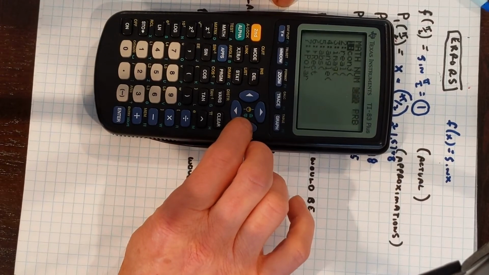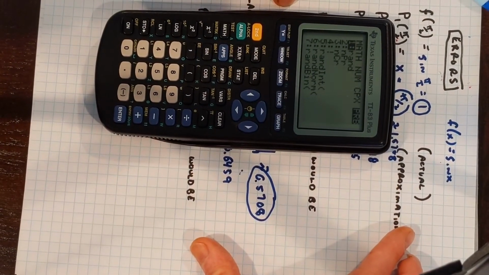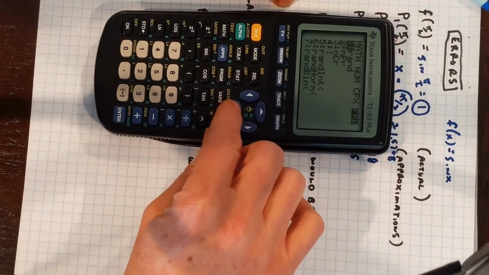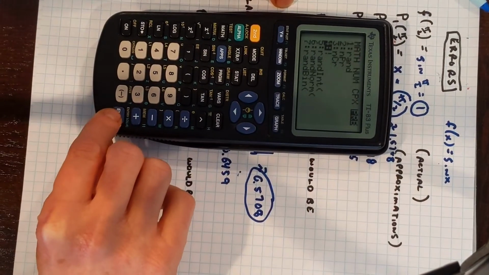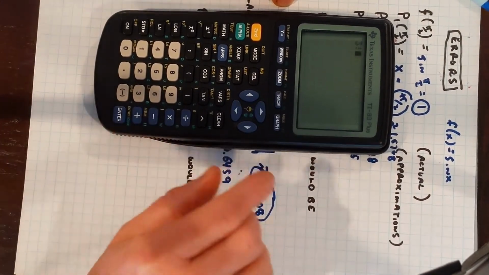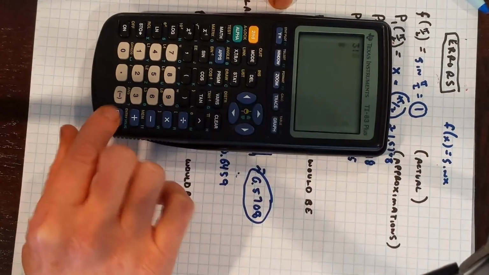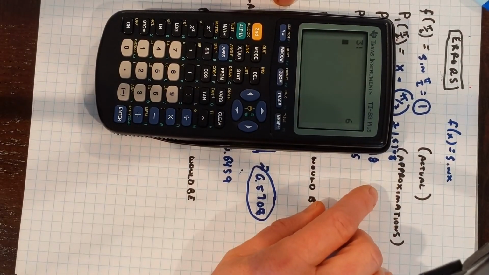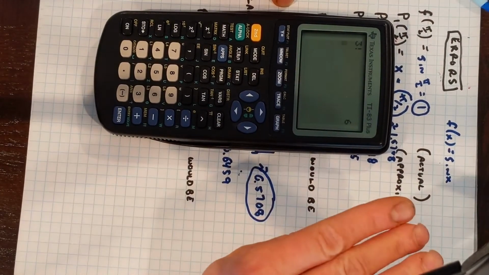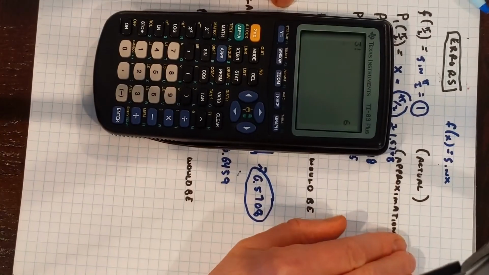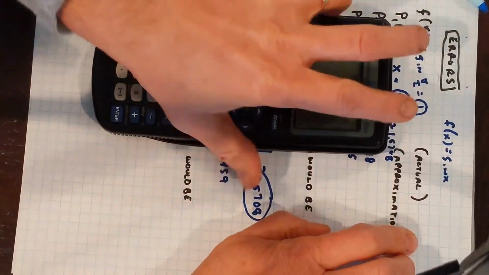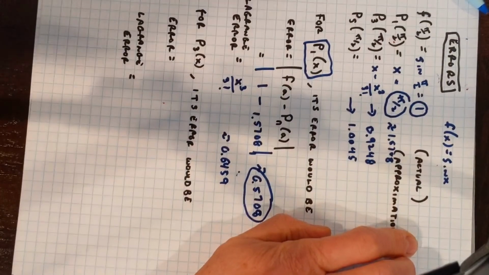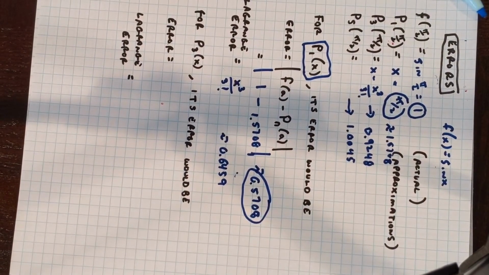Slide all the way over to probability, PRB, and then down to number 4, which has the exclamation point, which means factorial. Hit that and you get 3 factorial. Hit enter and it shows you the answer. Remember, 3 factorial means 3 times 2 times 1. It's 6. So that's how you can do that in your calculator. Okay, now back to error.